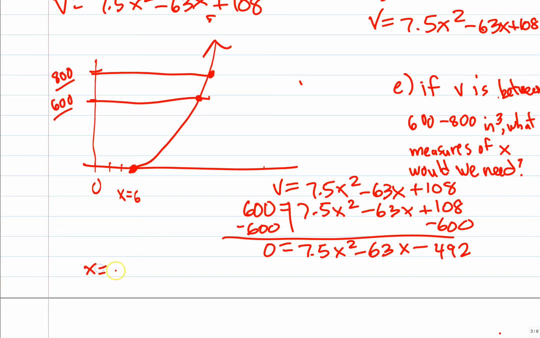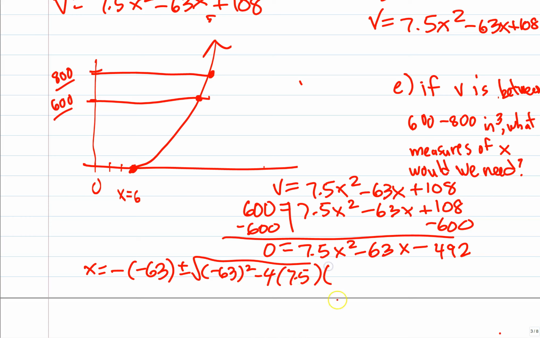X is equal to negative b plus or minus the square root of b squared minus 4 times a times c, all divided by 2 times a. Now keep in mind, that's really only the first answer.